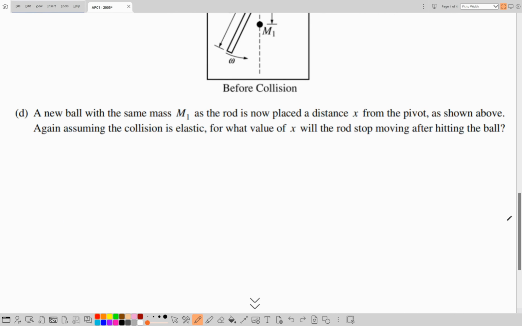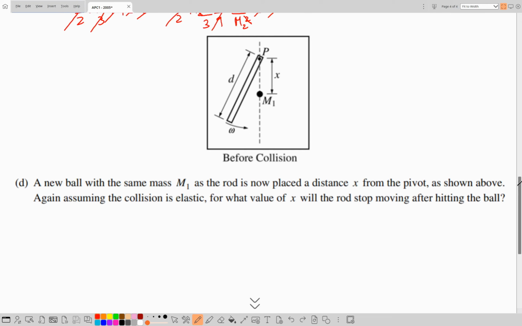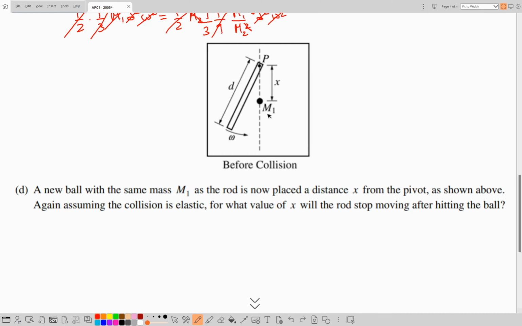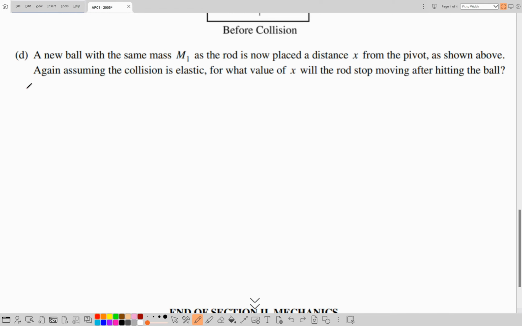So in order to solve this problem, we first need to apply the conservation of angular momentum to find the speed of the ball m1 immediately after collision, and then use the expression for v in the conservation of kinetic energy in order to determine the value of x. So first let's proceed by applying the conservation of angular momentum.